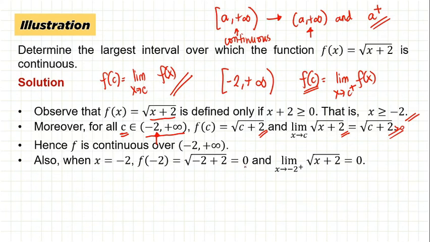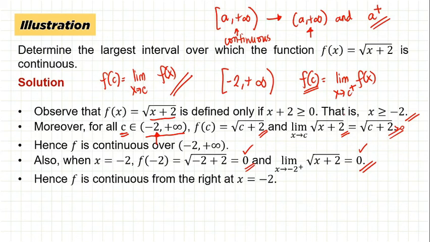And that is equal to 0. We are solving for the value of the function. So that is 0. Next, the limit of the square root of x plus 2 as x approaches -2 from the right, using table of values, the answer will be 0. So in that case, f of c and the limit of f of x as x approaches c are the same. So therefore, we say that f is continuous from the right at x equal to -2.